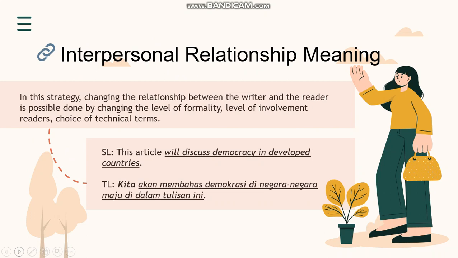In the source language, this article will discuss democracy in developed countries, while in the target language, "kita akan membahas demokrasi di negara-negara maju di dalam tulisan ini." So, from the example here, we know that in the source language, the relationship between the writer and the reader feels more distant or impersonal. While in the target language, "kita akan membahas demokrasi." The relationship here becomes closer by using the word we, or in the Indonesian language, "kita."